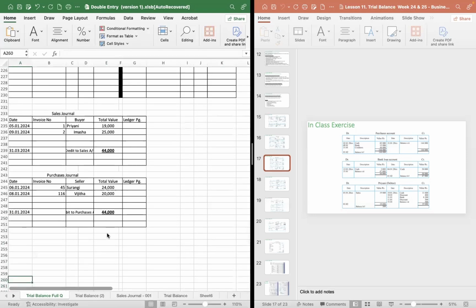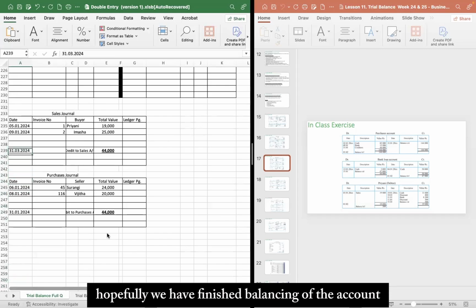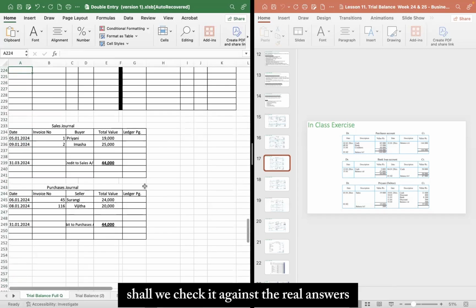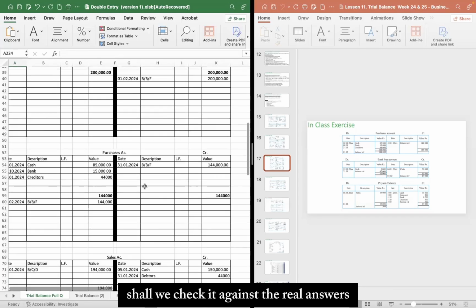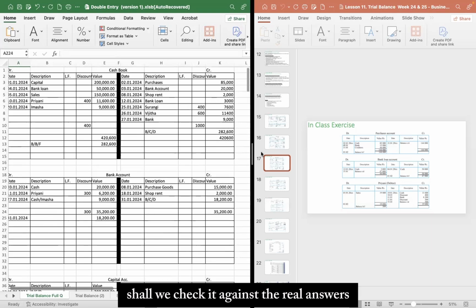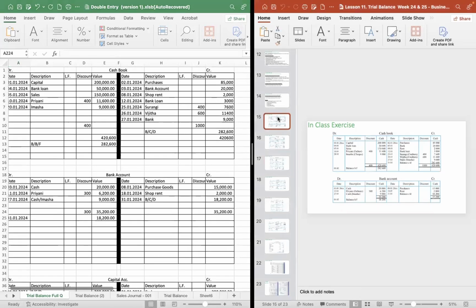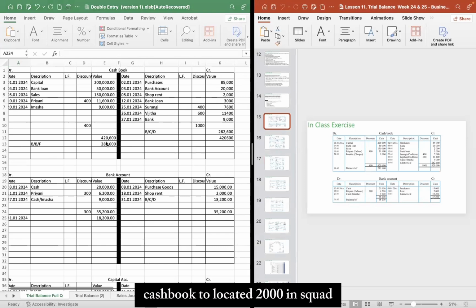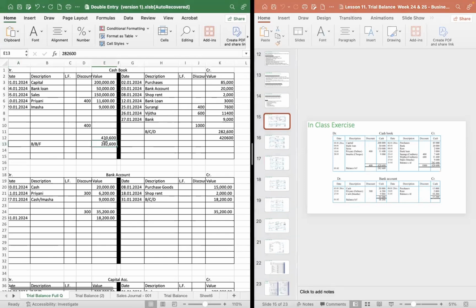Okay. Hopefully we have finished balancing of the accounts. Shall we check it against the real answers? Cash book 2,82,000. It's good.